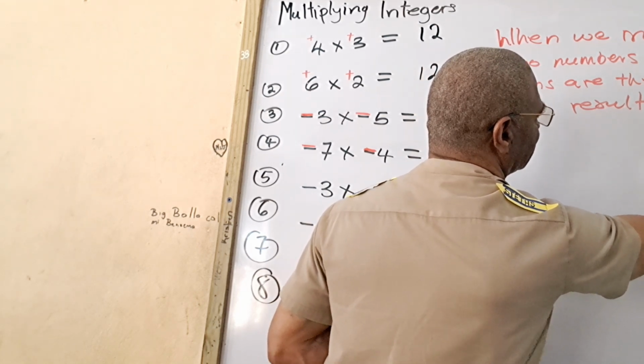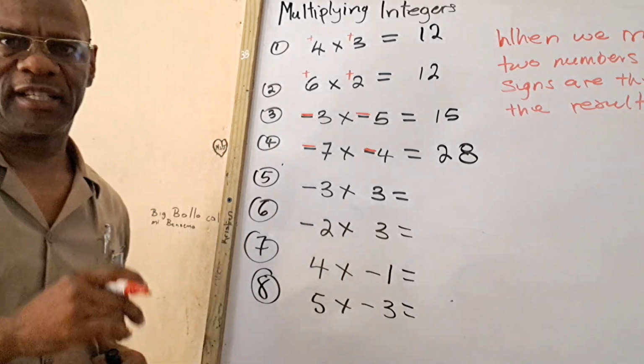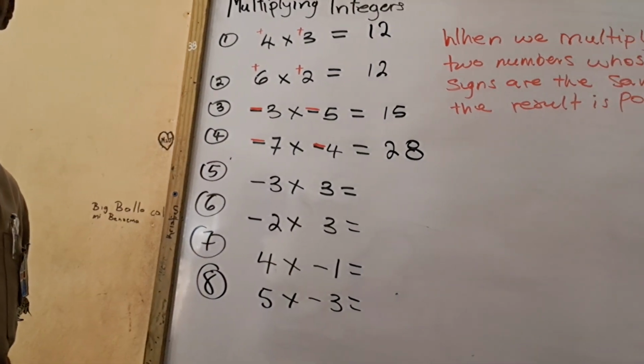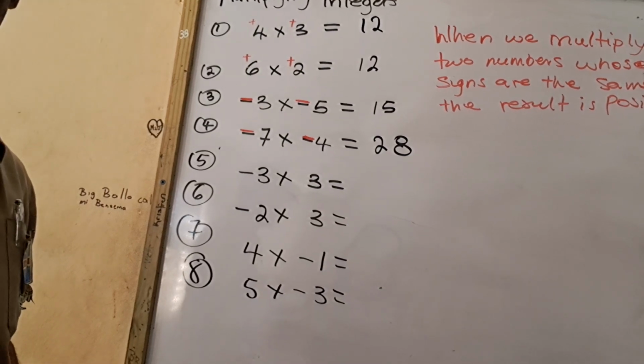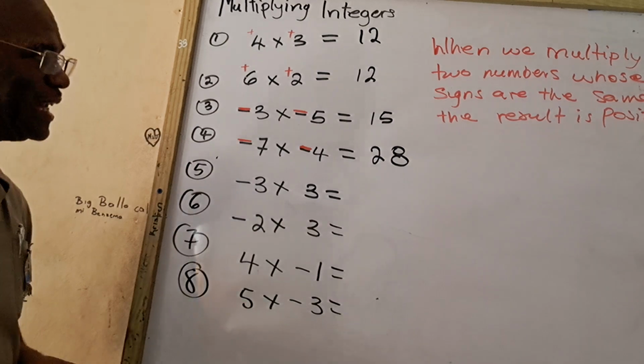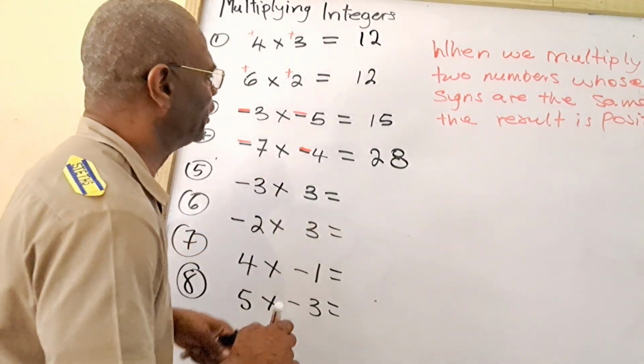Good. So we can come to the conclusion that when we multiply two numbers whose signs are the same, the result is positive.